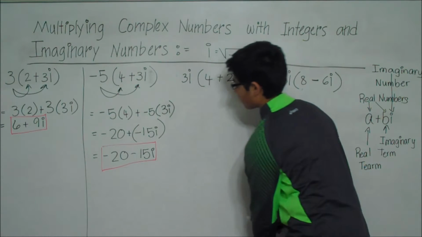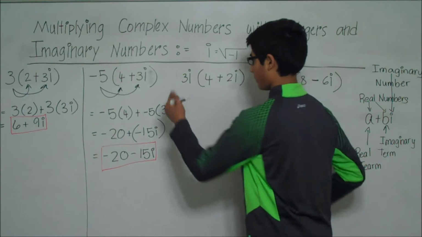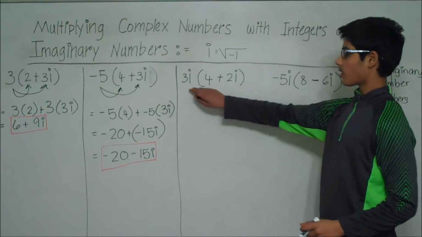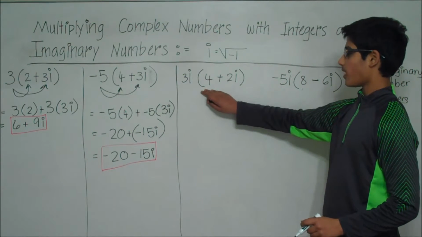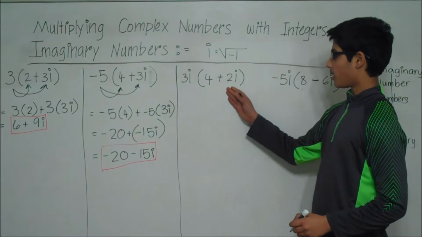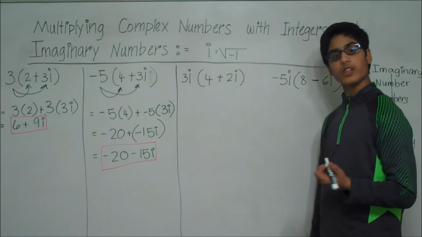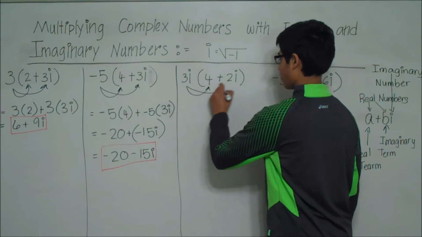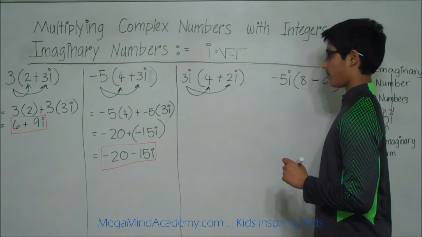Now let's move on to the third problem, which is 3i times, in parentheses, 4 plus 2i. So we have to distribute 3i with 4 and 3i with 2i.